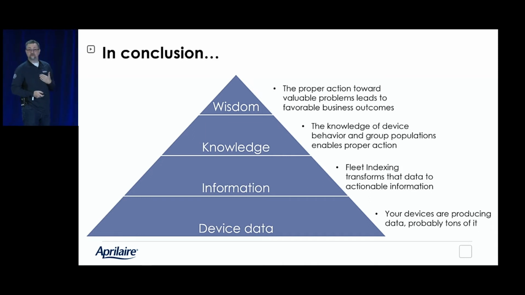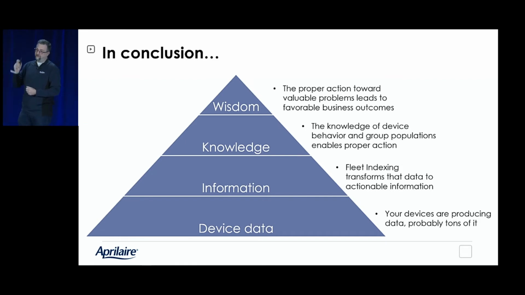Fleet indexing for us has been able to transform that data into actionable information. And once you have that information, now you can have the knowledge of what is the behavior of your groups, what is the behavior in the population of your groups, especially in widespread commercial distributed devices across the entire country. And then you can take proper action.